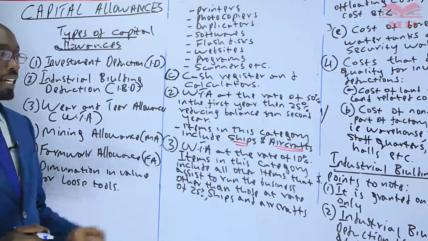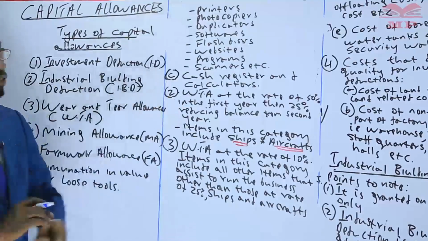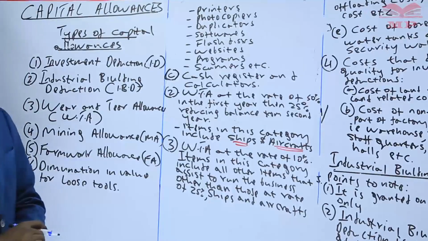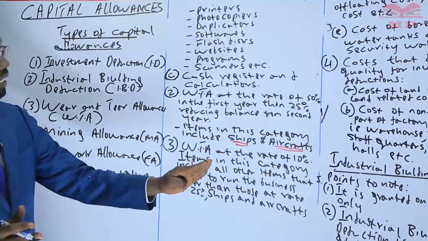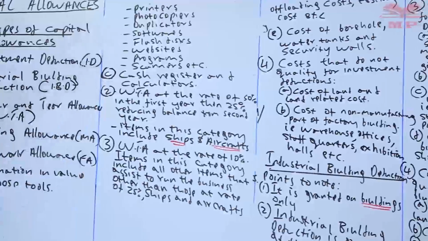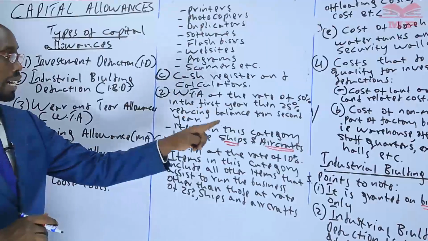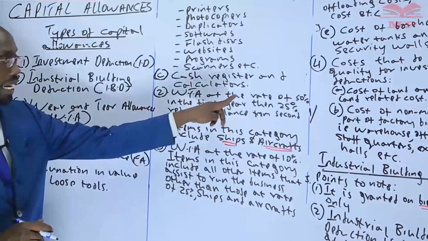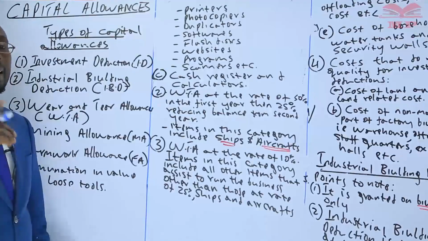That if you have any item that assists to run your business and it is not in the category of 25%, which we said there are 3 items: vehicles, computer and its attachment, cash register and calculator. And that item again is not a ship or an aircraft, which we have said the rates are here. That item now qualifies for wear and tear allowance at the rate of 10%.